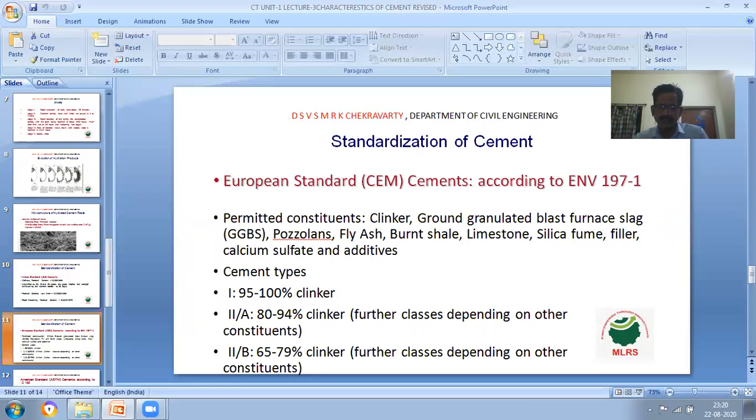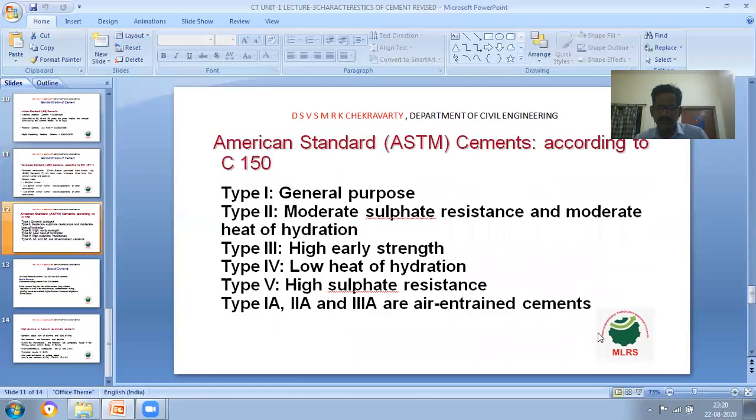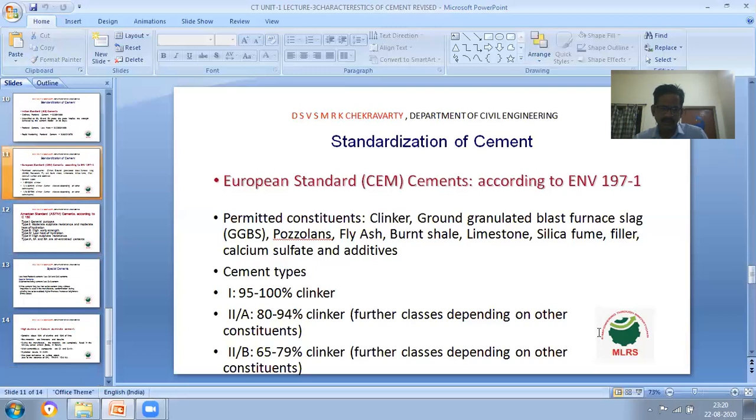Permitted constituents are clinker, ground granulated blast furnace slag GGBS, pozzolana, fly ash, burnt shale, limestone, silica fume, calcium sulfate and additives. Cement type 1 has 95 to 100% clinker, and type 2 has 80 to 94% clinker. Further classes depend upon other constituents also. 2B has 65 to 79% clinker.